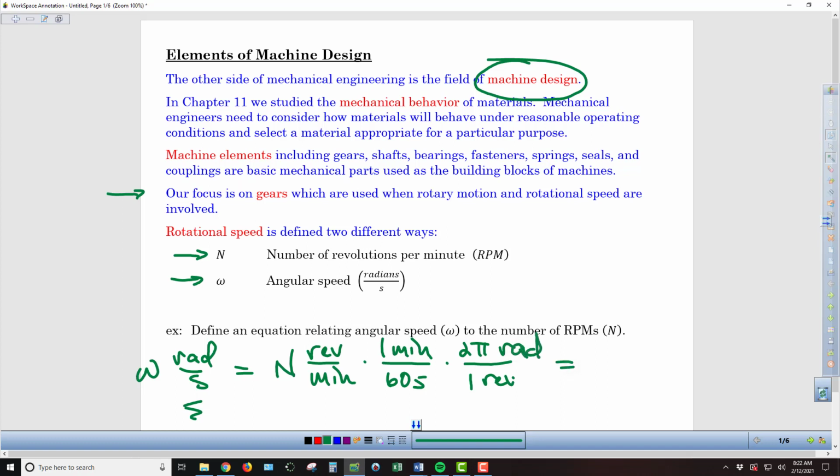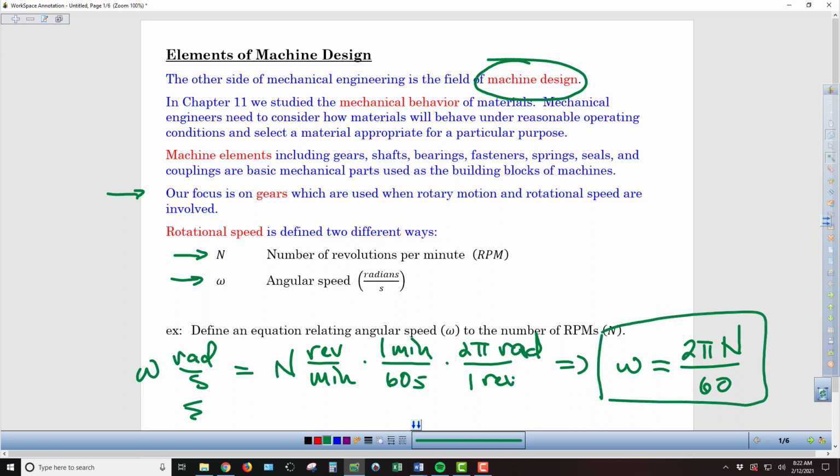And so then we can clean this up a little bit into an equation where we've got omega equals 2 times pi times N in revolutions per minute all over 60. So this is an equation that we can use to jump back and forth. If we know what the angular speed is, we can find what the revolutions per minute are. If we know what the revolutions per minute are, we can figure out what our angular speed is.